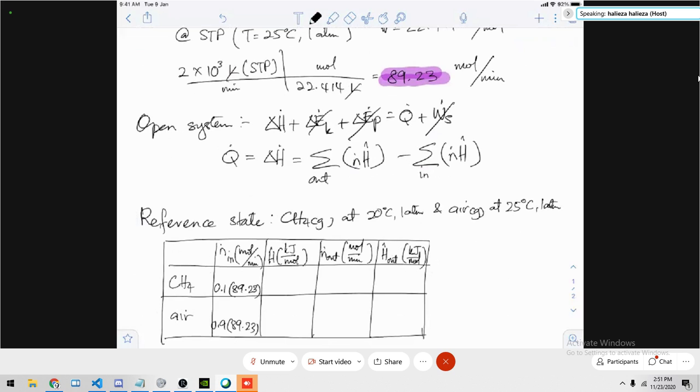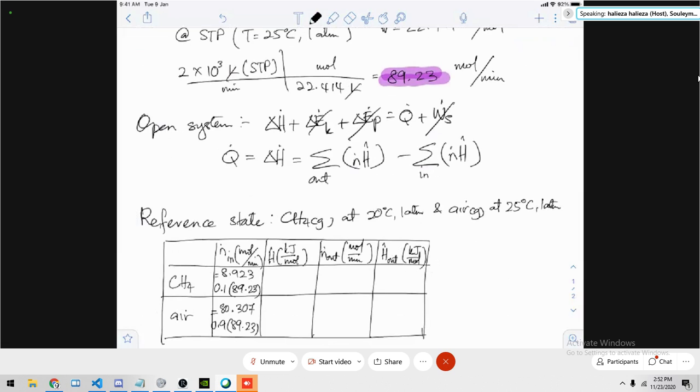So give me the value for this: it should be 8.923. And for the other value, for A, 80.31.